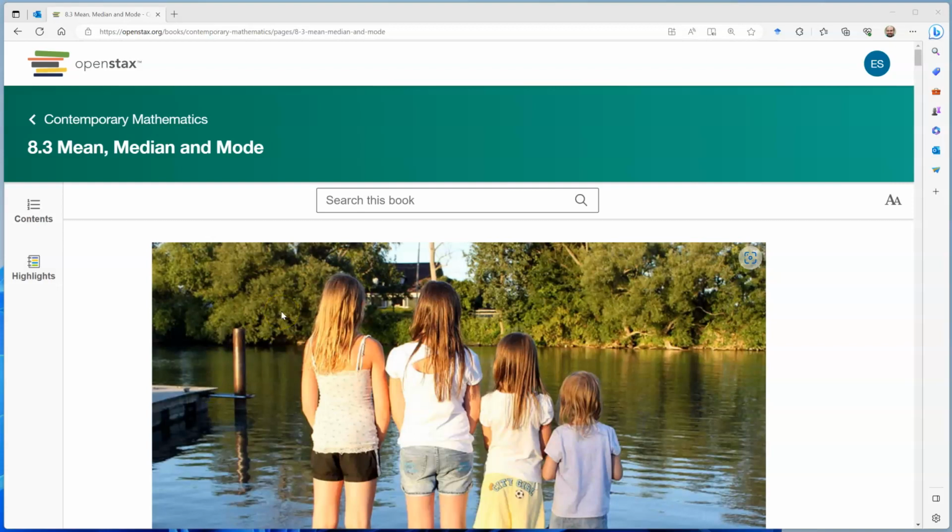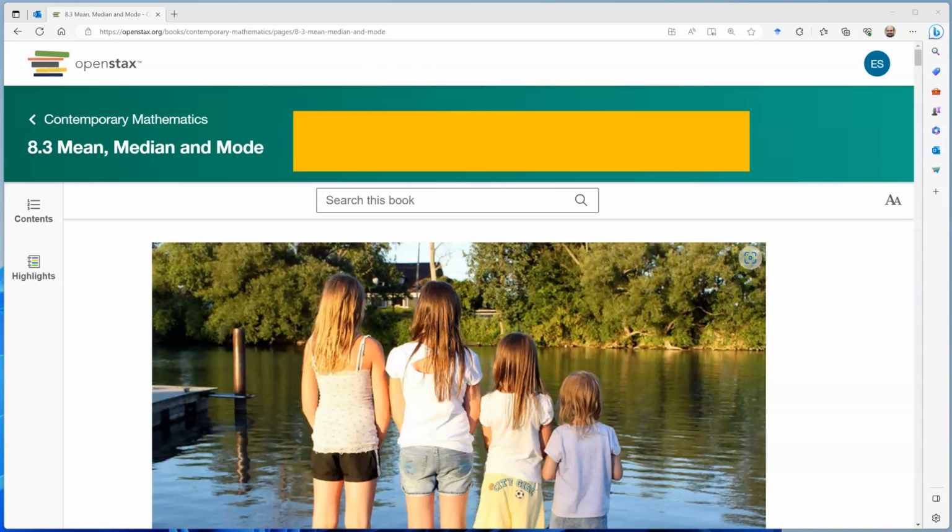And welcome back to my series on contemporary mathematics from OpenStax. In this video, I'm going to cover section 8.3 on mean, median, and mode. Another term that we often use when discussing this information is something called the measure of central tendency.